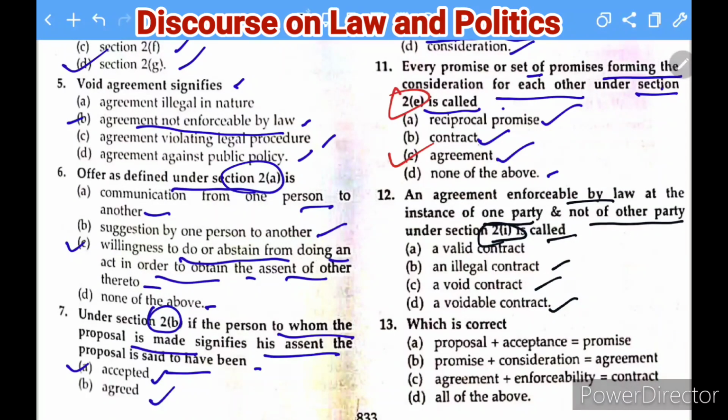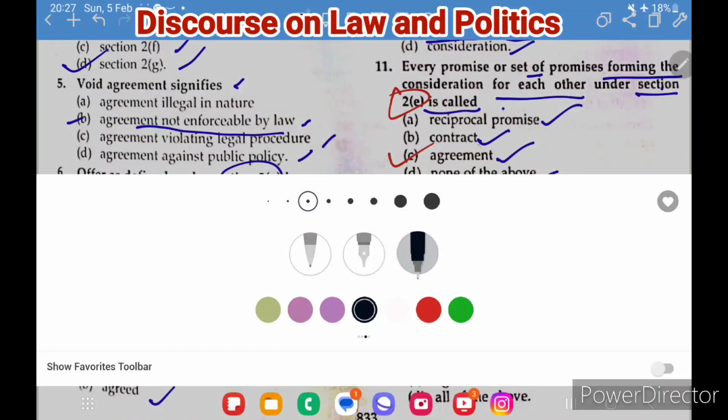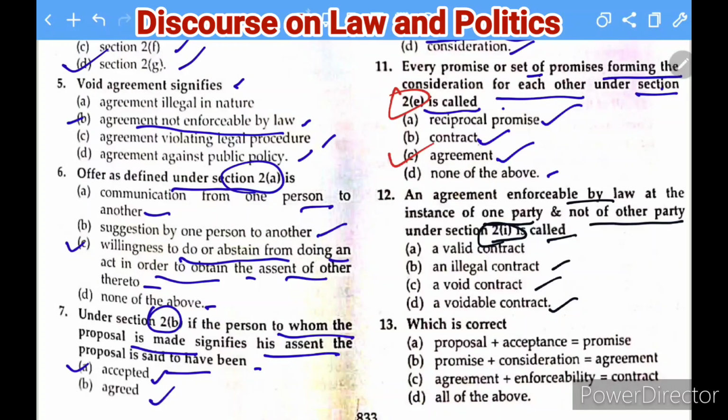Give your answer here. Waiting for your response, my dear friends. Which is the right answer? This is being called voidable, because a voidable contract is enforceable at the instance of one party, not of the other party. So in that case, it would be a voidable contract.